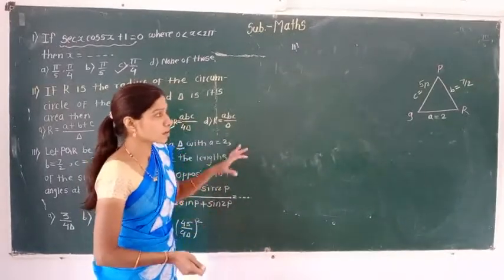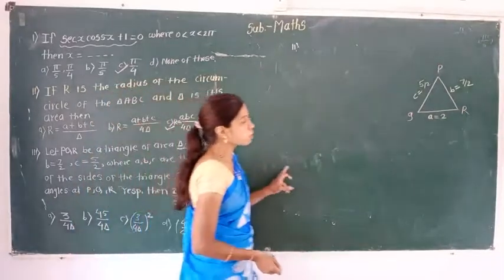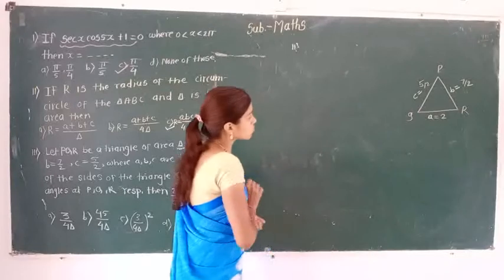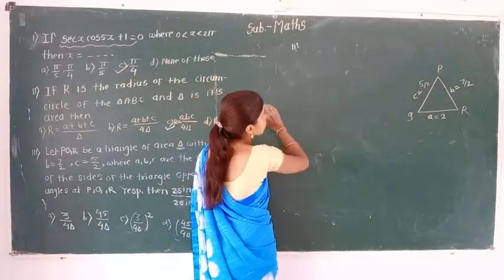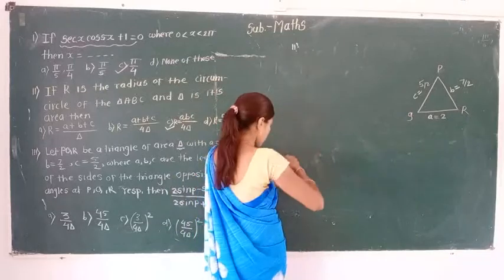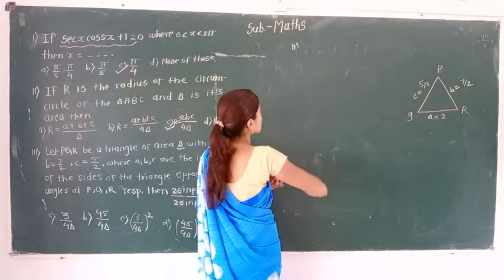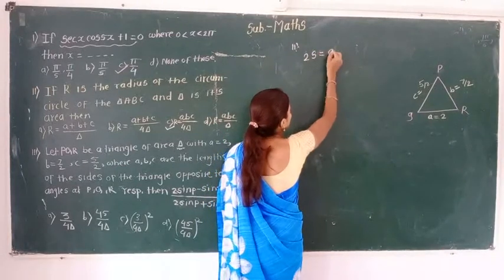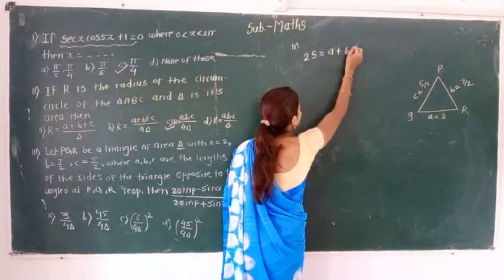And we know that the half angle formula we can represent in terms of a, b and c. So first of all we have to find the perimeter of triangle ABC, and we know that 2s is the perimeter of the triangle, 2s is a plus b plus c.